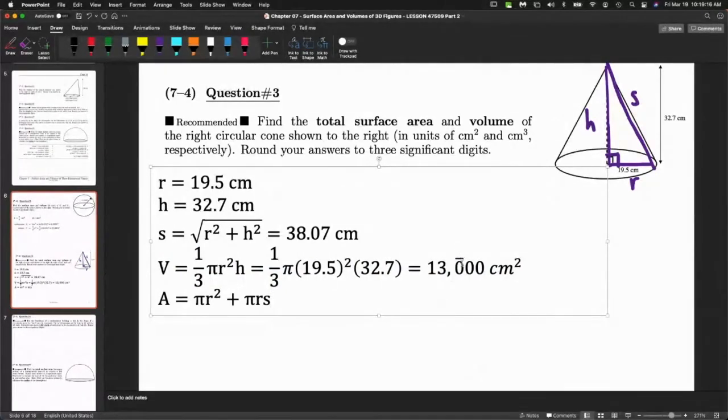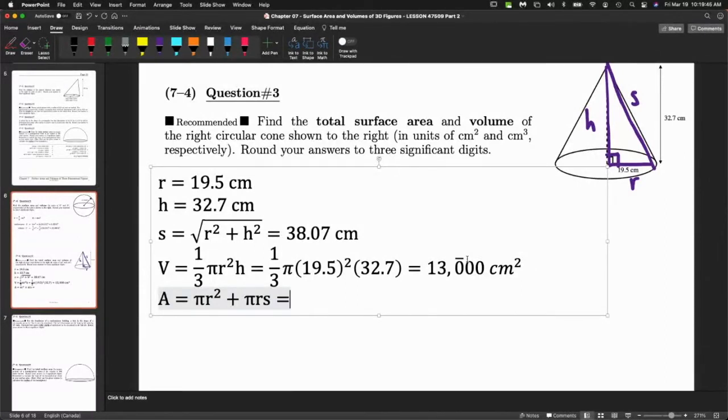If you don't put the bar on the 0 here, don't worry about it, especially on a test. On a test, you'll see that I'm not as strict about significant digits as I am on assignments, because obviously on the test you don't have time to look pretty. You just have to get the right answers and move on. On the assignments, though, I'm obviously very respectful and careful when I come to marking.